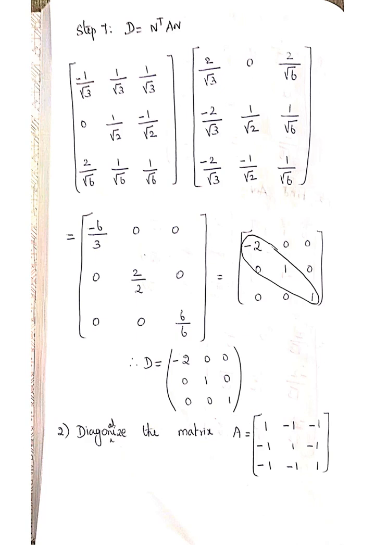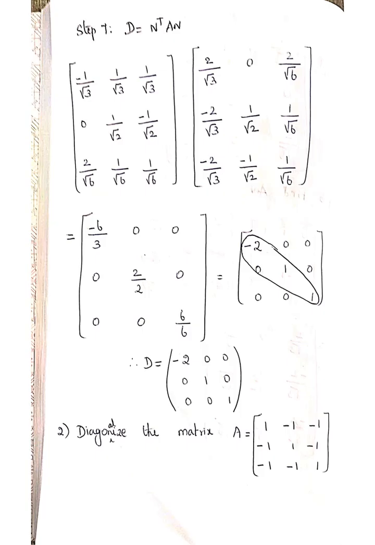After getting N transpose and AN, multiply N transpose with AN. So the value will be minus 2, 0, 0, 0, 1, 0, 0, 0, 1.